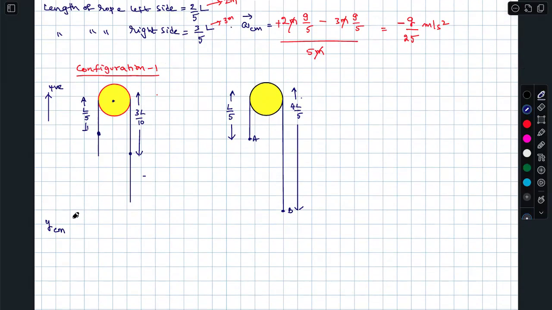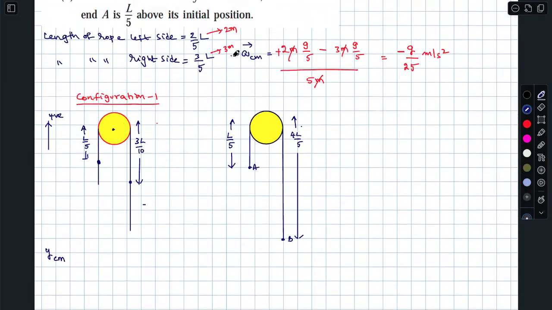I said previously the mass of this is 2m because it is proportional to length. So this is minus 2m times L by 5, minus 3m times 3L by 10, using m1 y1 plus m2 y2 by m1 plus m2, divided by 5m.